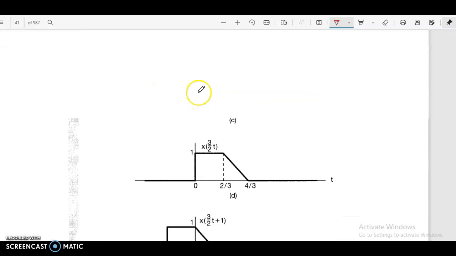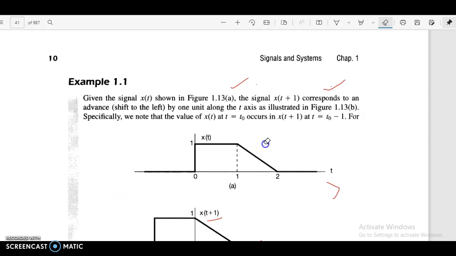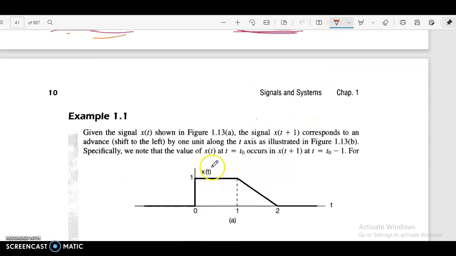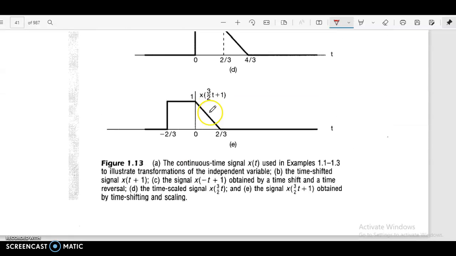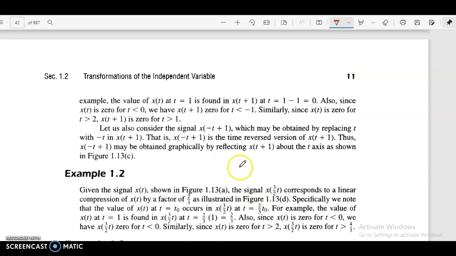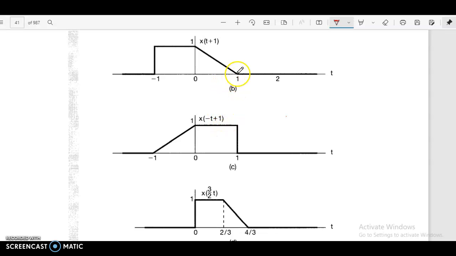The value of x of t at t equal to 1 is found in x of t plus 1.